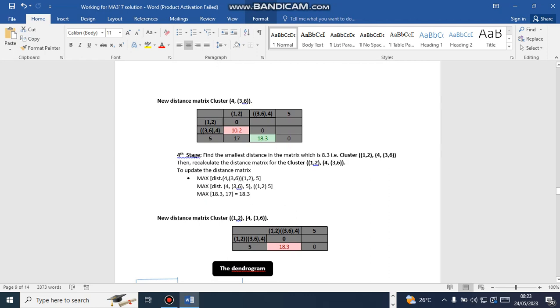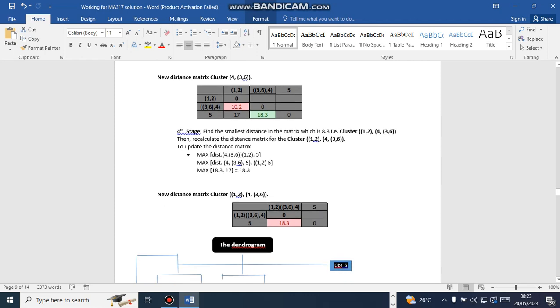So we can only calculate using cluster 1 and 2, and 4, 3 and 6, for 5. 5 will go to 4, 3 and 6, and 5 will go to 1 and 2. From there, we have the highest number to be 18.3.